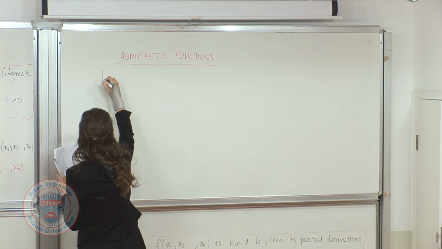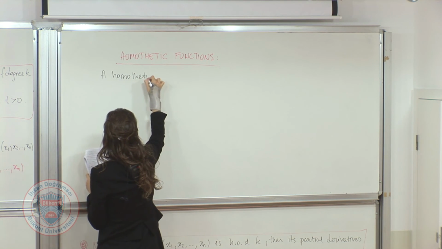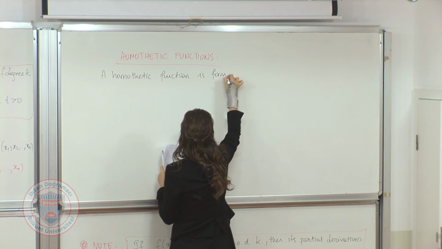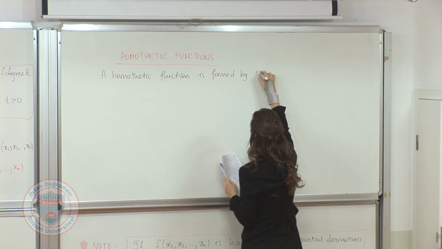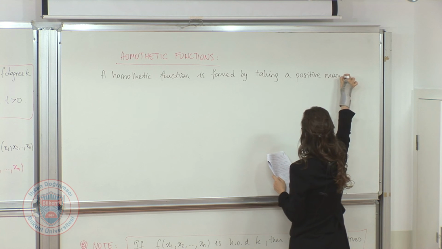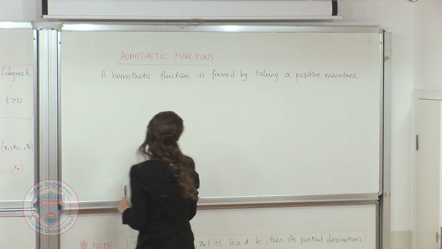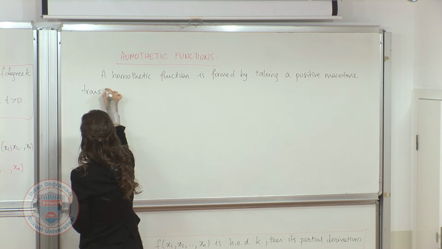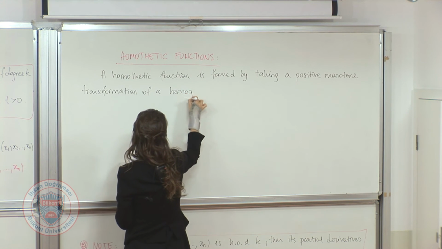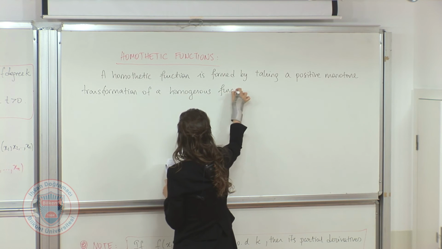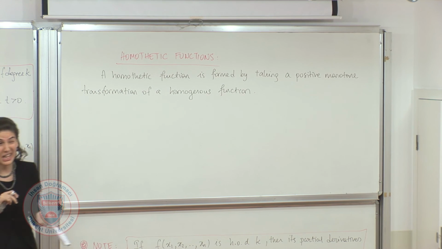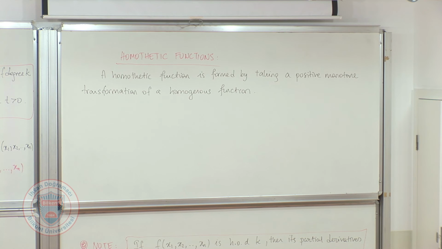A homothetic function, okay, is formed by taking a positive monotone transformation of a homogeneous function.